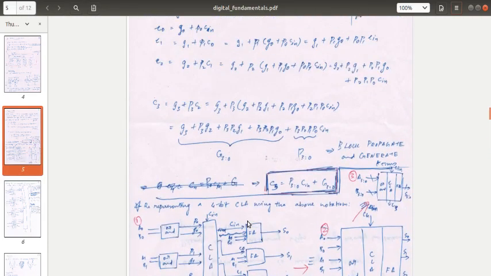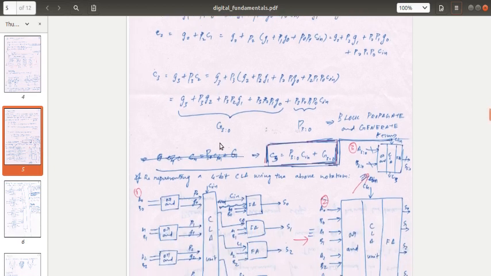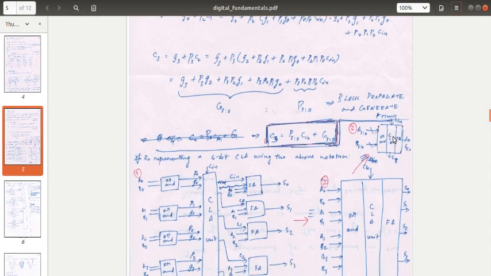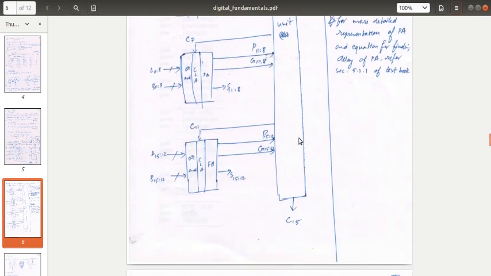That is being derived by extending our carry equations and interpreting them using generate and propagate terms, and from them we are getting block propagate and block generate terms. By using that we can simply generate a carry look ahead adder unit or a second level carry look ahead adder.